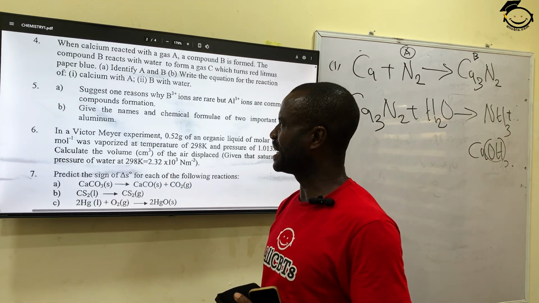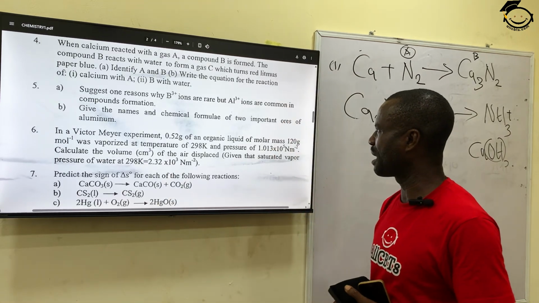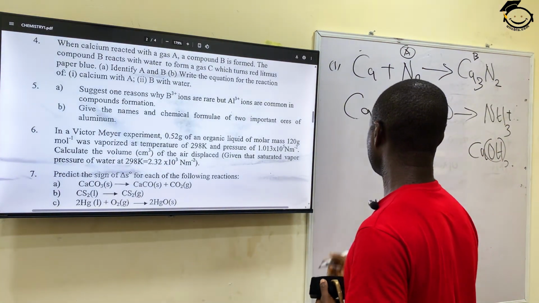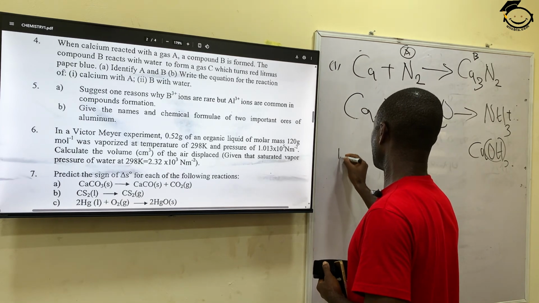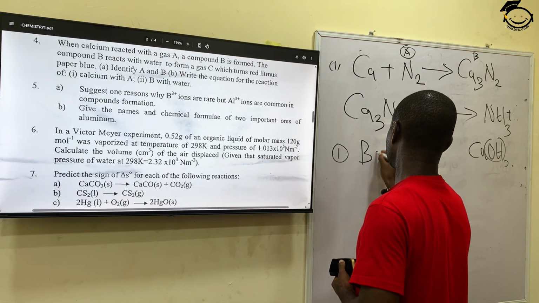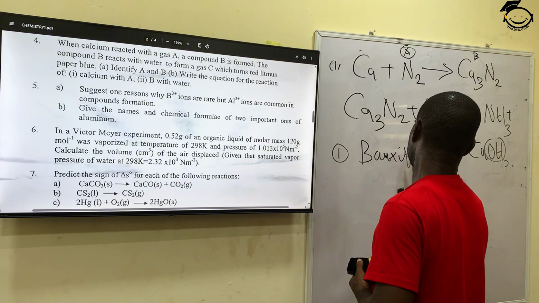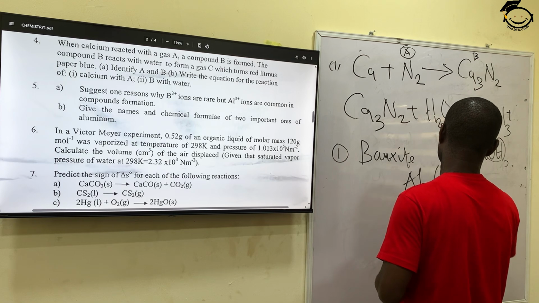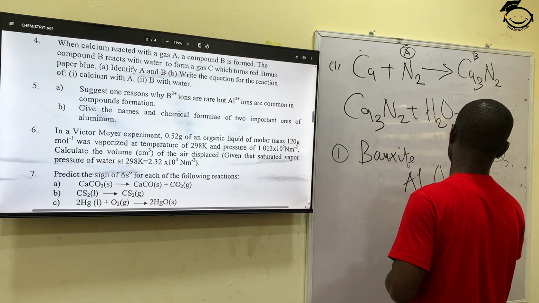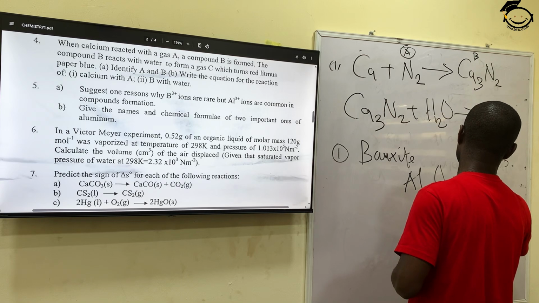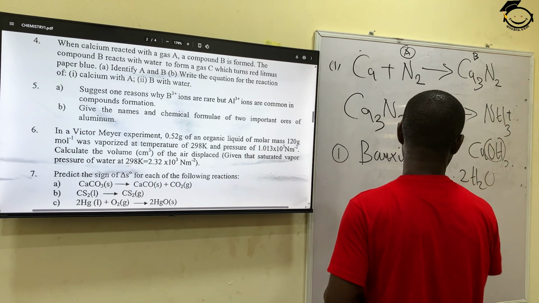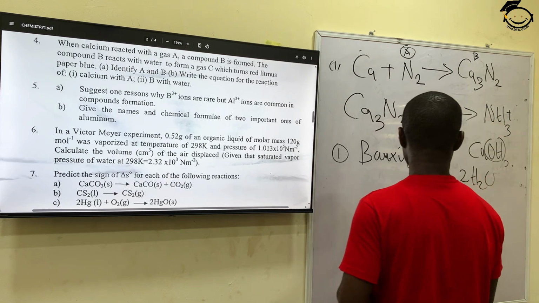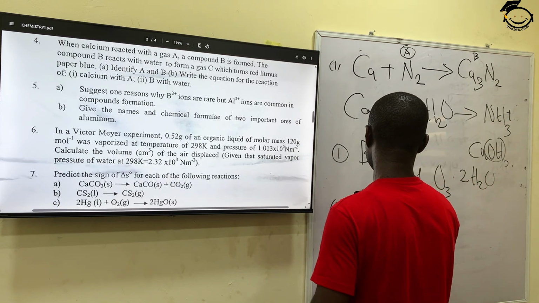Number B, it says give the names and chemical formulae of two important ores of aluminium. We have two basic aluminium ores. Number one, we have what is called bauxite. Bauxite is aluminium oxide hydrate, Al2O3.2H2O. Then two, we call it cryolite.